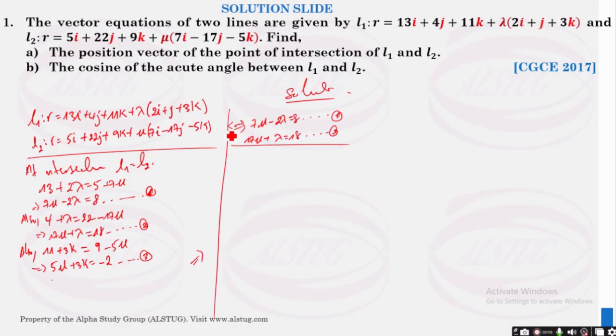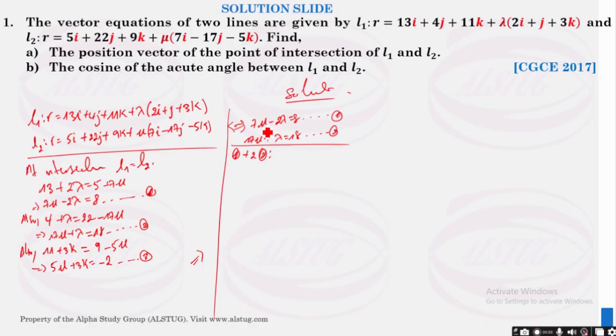Going to use simultaneous equations. Since we want to eliminate lambda, we'll multiply equation 2 by 2. So we'll say equation 1 plus 2 of equation 2.